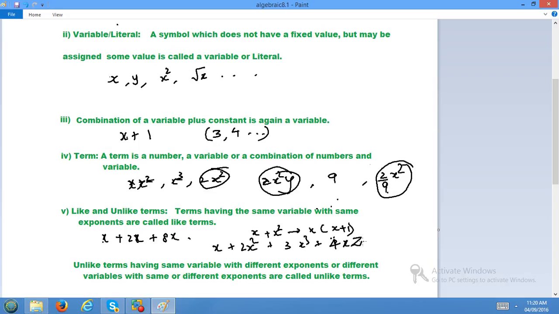Can we add all these things? These are all unlike terms. We cannot just add them; we may use formulas, we may do so many things. We add only x with respect to x, or in this case, if you have 4x square, only this 4x square and this 2x square can be added.